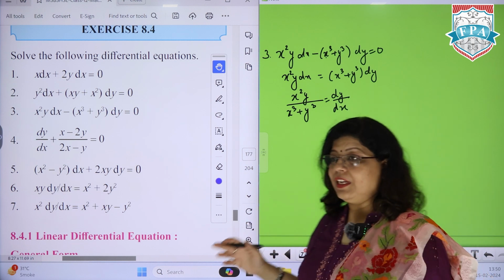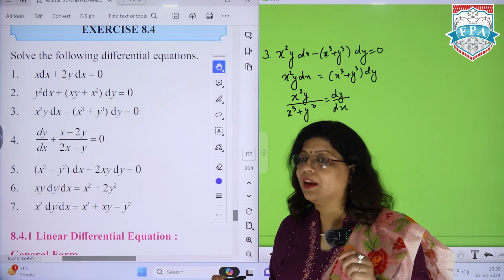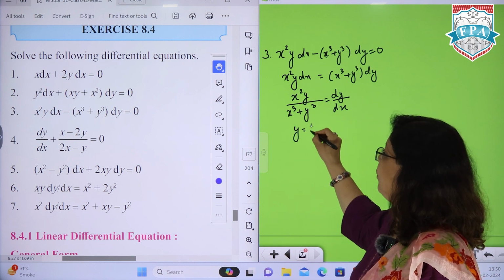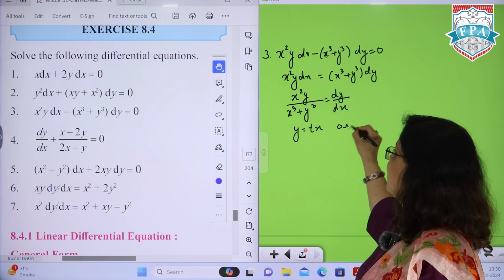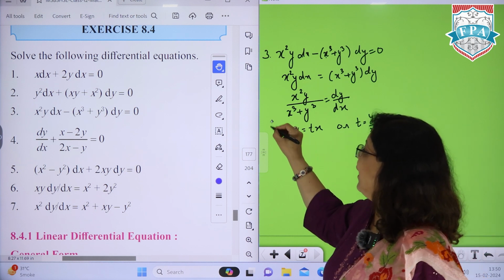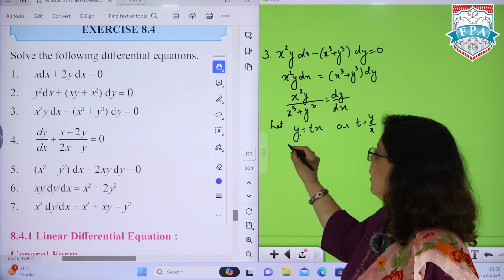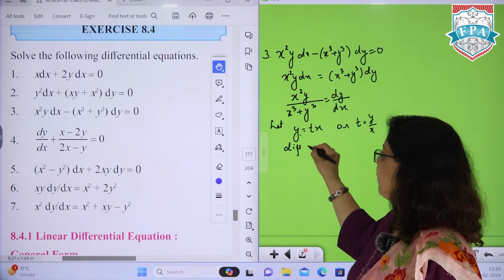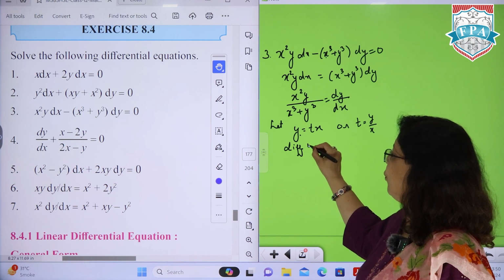Now we can't separate anything and it is a homogeneous one. So our only assumption here is y is equal to tx, or you can say t is equal to y upon x. So let y is equal to tx. Now when you differentiate with respect to x, what will we get?